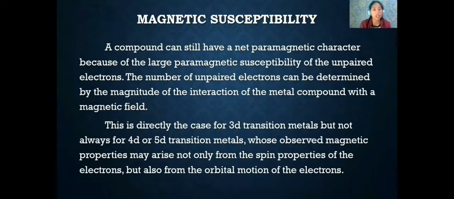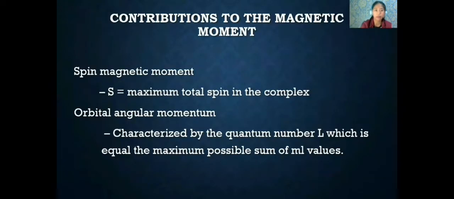magnetic field. This is directly the case for 3d transition metals, but not always for 4d or 5d transition metals, whose observed magnetic properties may arise not only from the spin properties of the electrons, but also from the orbital motion of the electrons.